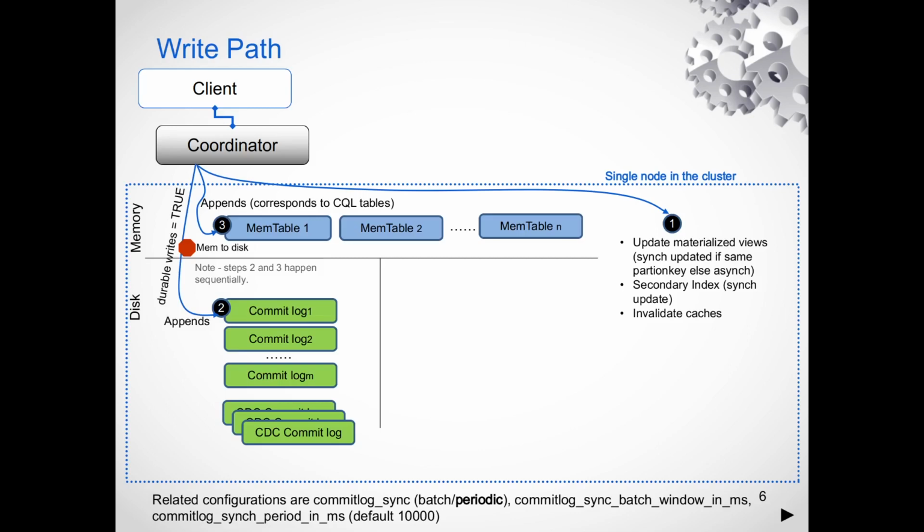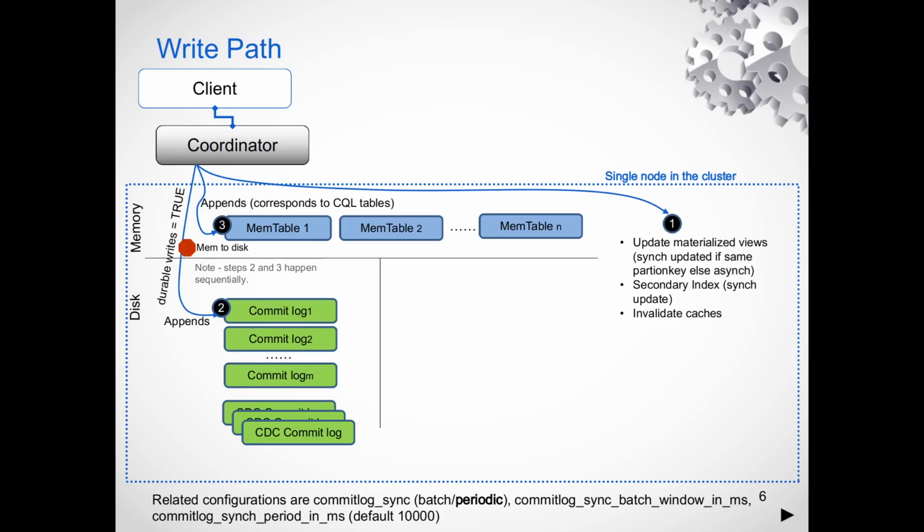If you are reading data, Cassandra will want to cache the data in its memory. If the user updates that data, you'll have to invalidate those caches. We're going to take a look at the nature of the cache in the read path, but nevertheless, the write path has to invalidate those caches. So this is the flow when the data is coming in from the client.